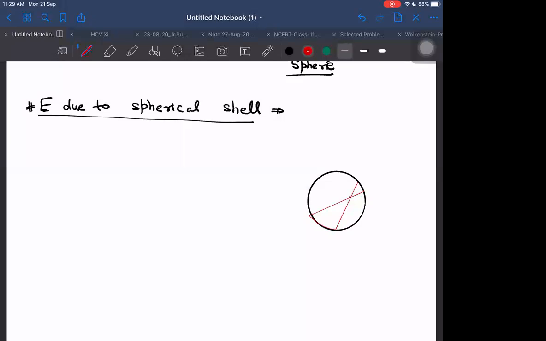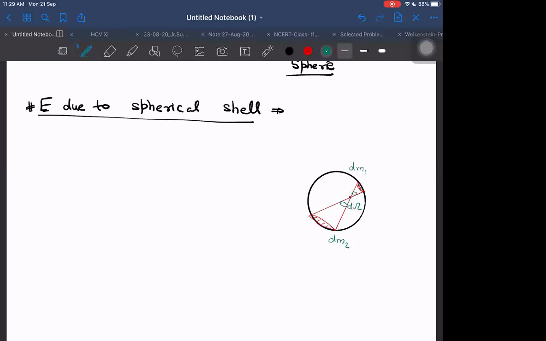Yes, two cones with the same vertex at the point. If I take two small masses, one I'm calling dm1, the other dm2, here there is a solid angle. Let us call that solid angle d omega.